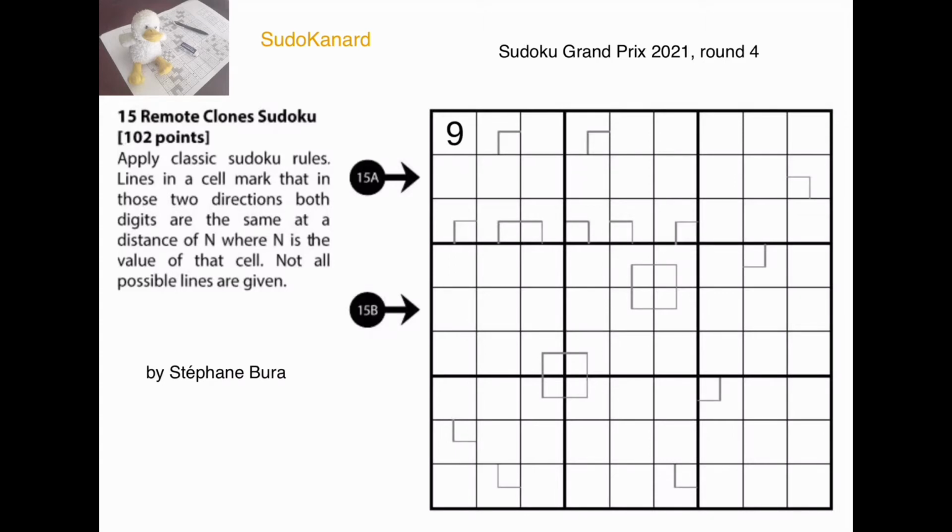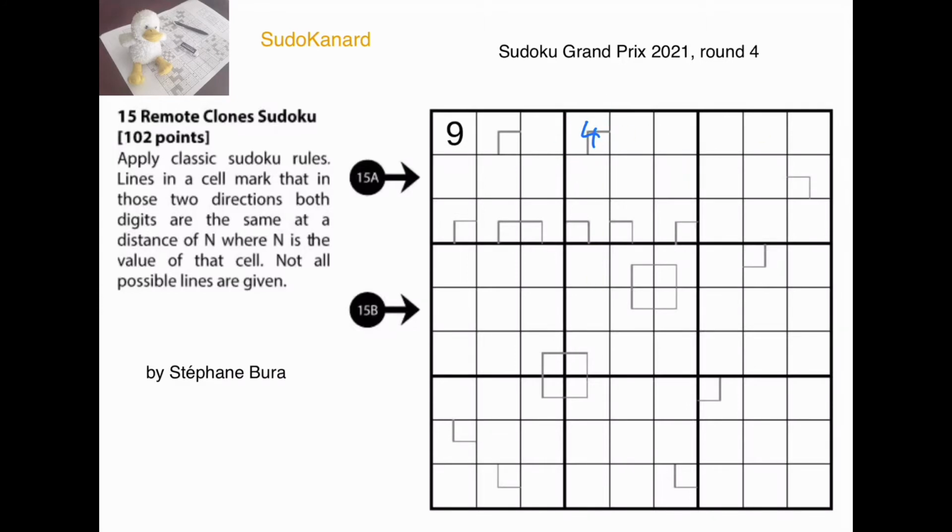The special rule is that whenever you have this corner symbol, it means that this cell sees clones at a distance that is the number in this cell. Let's imagine that this is a 4. Then we look at a distance of 4 in both directions shown by this symbol.